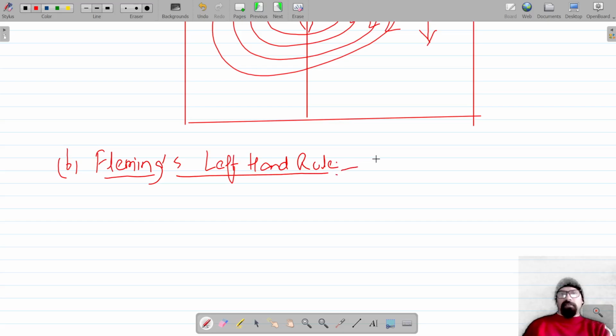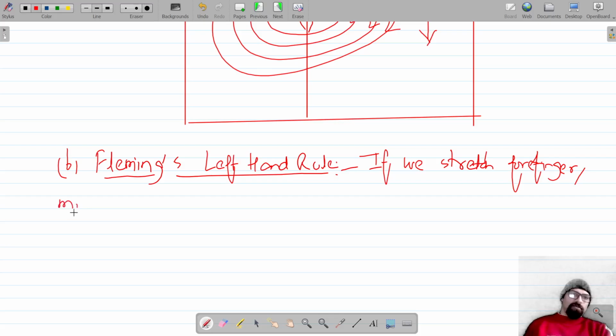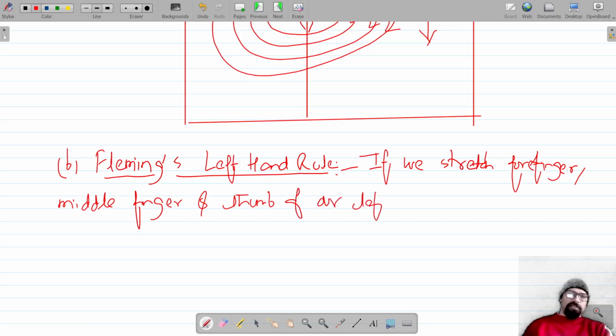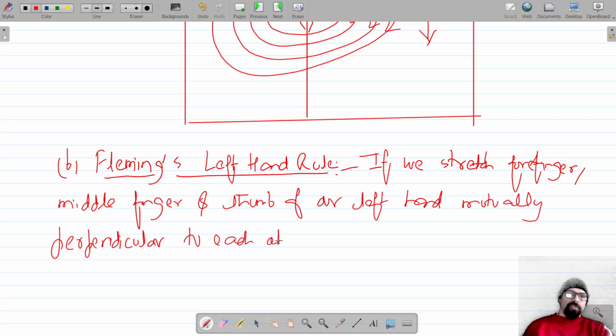Now it states that if we stretch our forefinger, middle finger and thumb of our left hand, mutually perpendicular to each other, we have to line up our forefinger such that the forefinger gives the direction of the magnetic field.